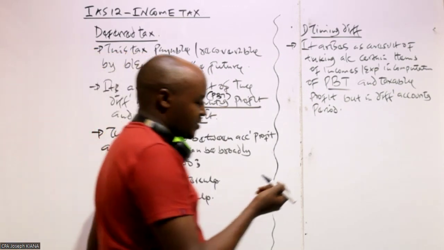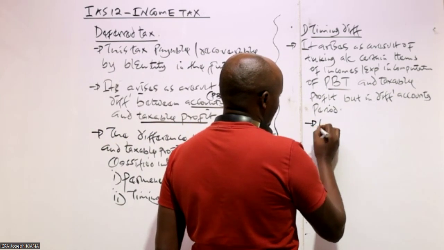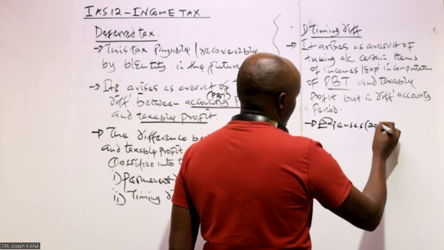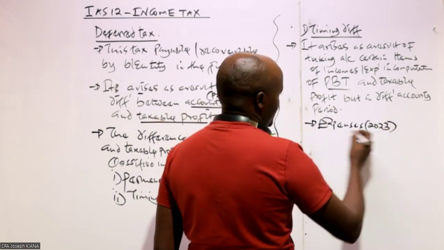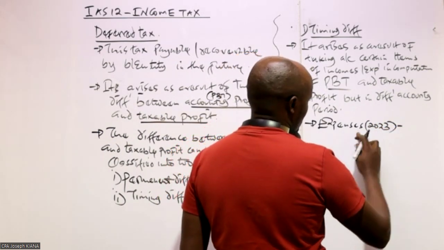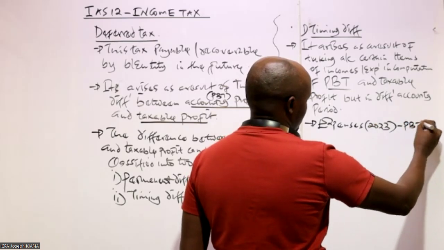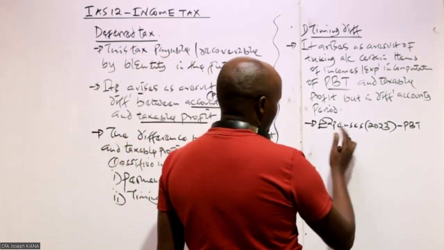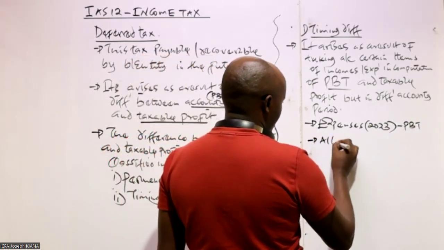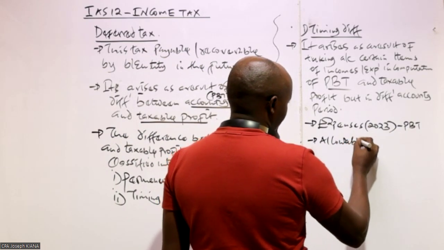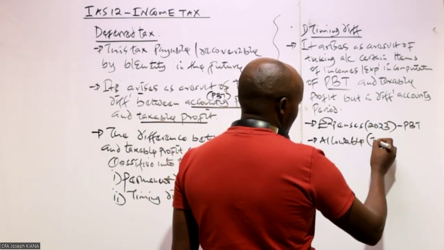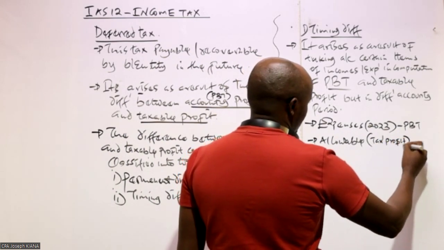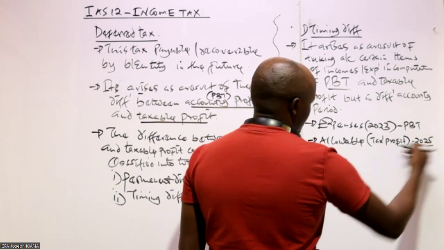For example, we can be told a business incurred a certain expense in the year 2023, meaning that this expense was used in the computation of profit before tax, or the accounting profit, in the year 2023, but we are told this particular expense will only be treated as an allowable expense, meaning it will only be taken into account in the computation of taxable profit, maybe in the year 2025.